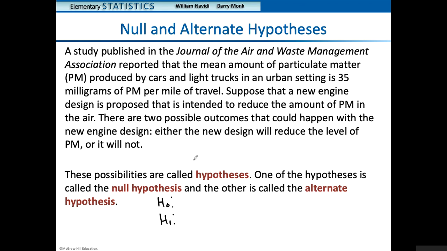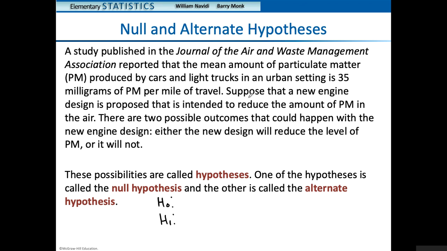The null hypothesis is a statement of equality, and it's based off of the assumption that nothing has changed, right? So if we read the description here, it says, a study published in the Journal of the Air and Waste Management Association reported that the mean amount of particulate matter produced by cars and light trucks in an urban setting is 35 milligrams of particulate matter per mile of travel, right?